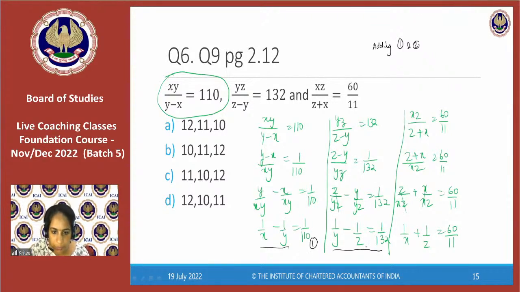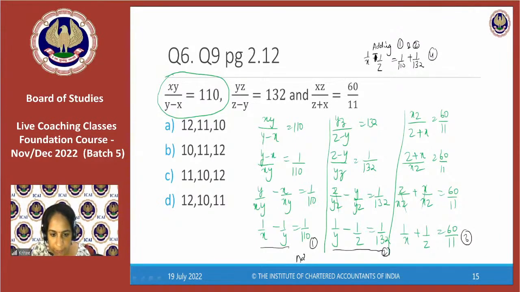This is 1, this is 2, and this is 3. So y and y cancels out. Now what I get is 1 by x minus 1 by z is equal to 1 by 110 plus 1 by 132. Okay, this is equation number 4.